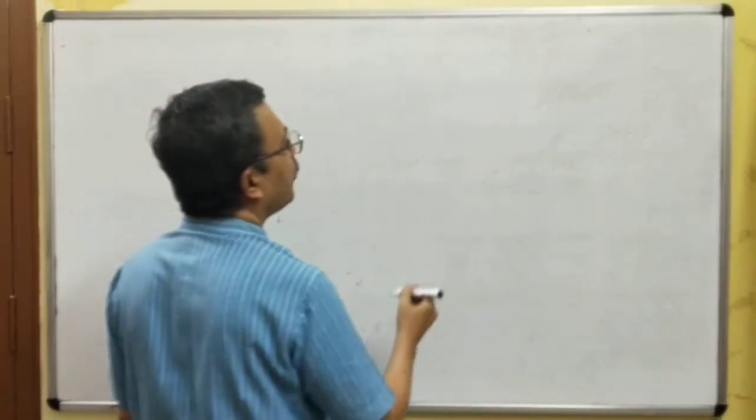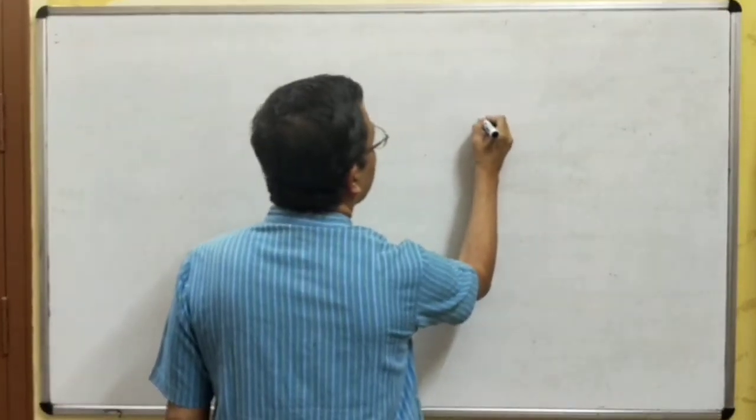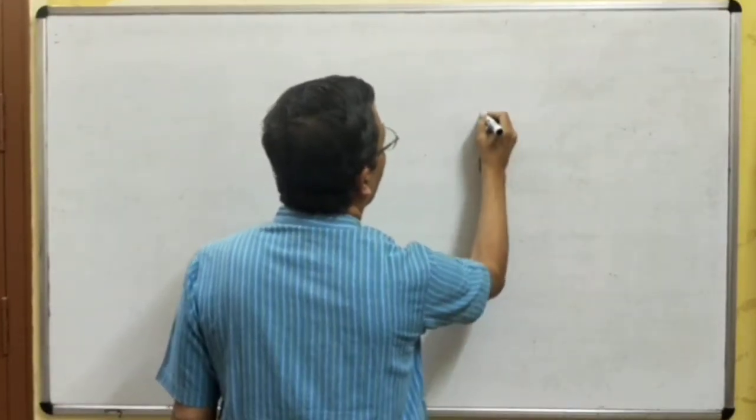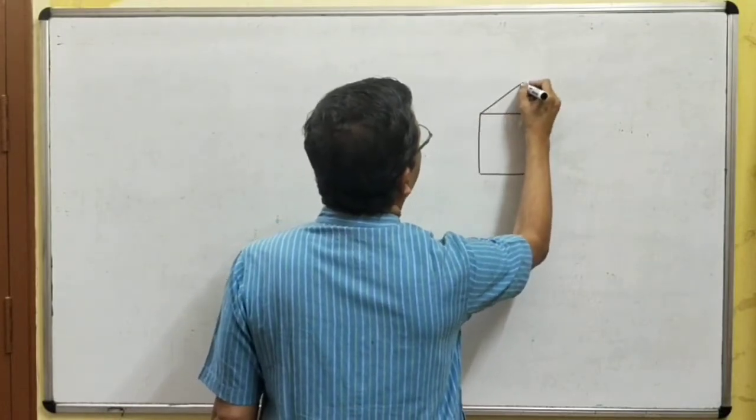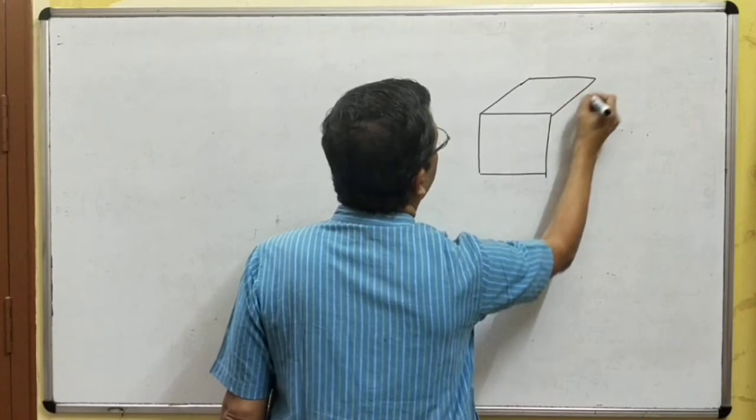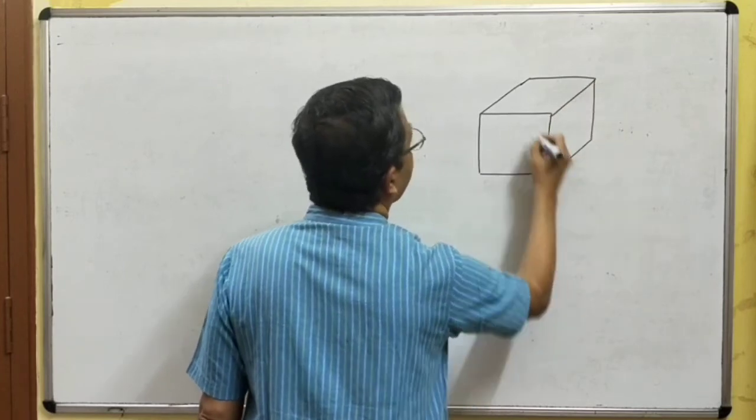Gauss law in point form. Let me take an elemental volume which is a cube of sides delta x, delta y, delta z.